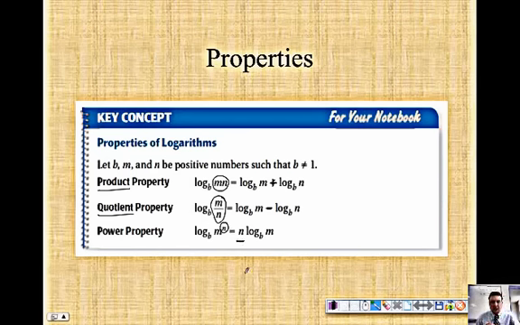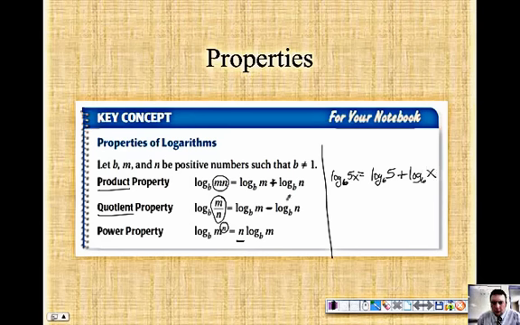So I'll give you some examples of that. Actually, why don't we do that right beside here? Log base b of mn equals the log base, actually I should have given this a number, I'll say 6, there you go. Log base 6 of 5x, they're multiplying, so I'm going to say plus log base 6 of the other one, x. There you go. Next one, log base 5 of, we'll say x divided by 2.